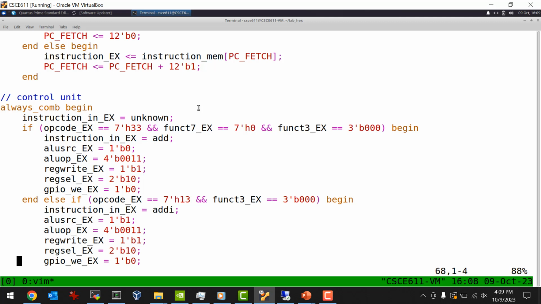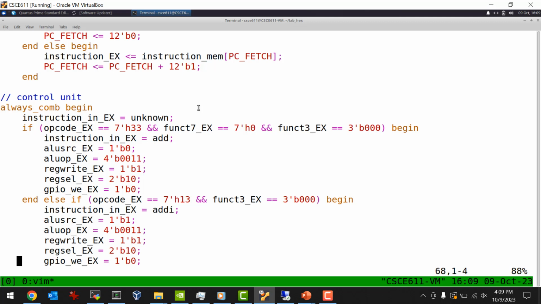If this condition is false, then it will check this condition, which only looks at opcode and function 3. So basically I'm ignoring function 7 in this second if condition. Make sense? If it is an add I, then you're right, function 7 doesn't exist, but I'm not testing it either. So it's a don't care.